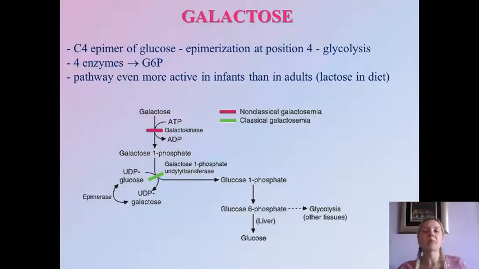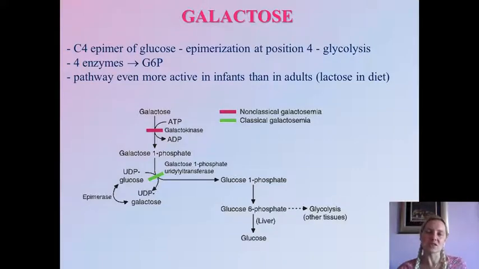Galactose. What we know about galactose is that it's the C4 epimer of glucose. So what we need to do is to epimerize galactose at position 4 to glucose and bring glucose to the glycolytic pathway. So it looks so simple and easy, but it's not.